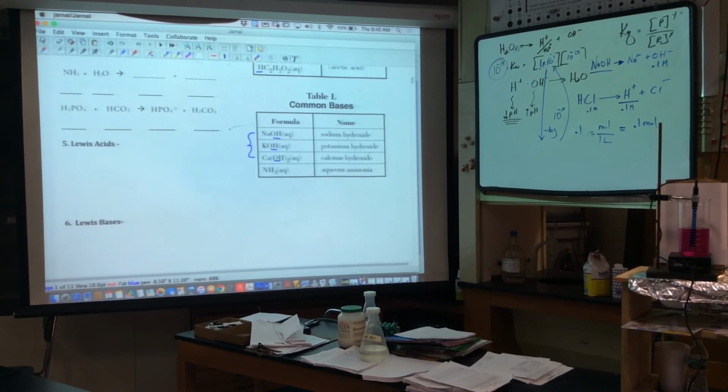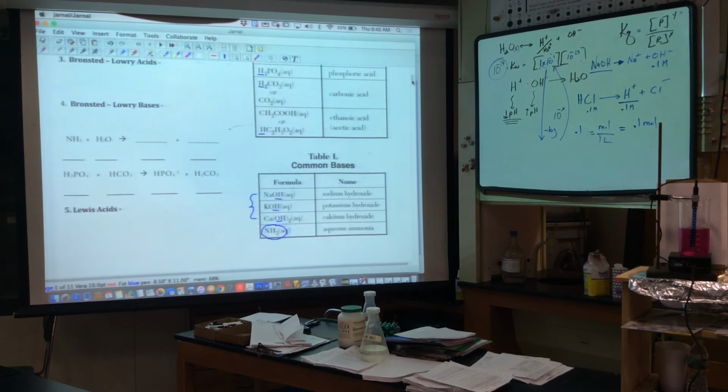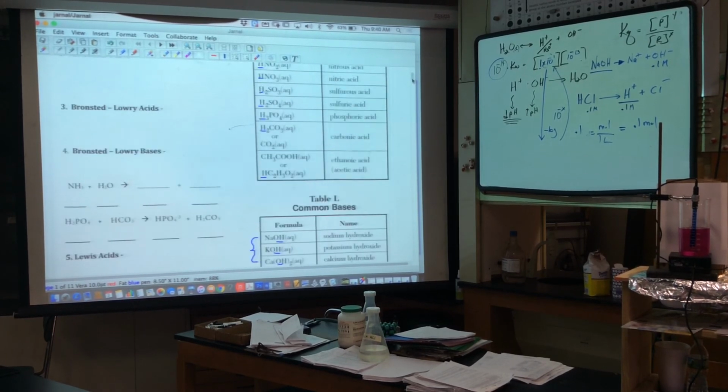Notice they're just three salts. These are hydroxides that come off from a salt because they're soluble. This one is not an Arrhenius base. It has no hydroxides. Yet we know when we drop ammonia in water, the pH rises. So this is not the best definition. So let's deal with NH3.